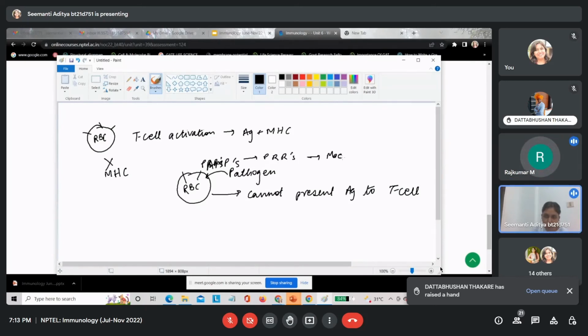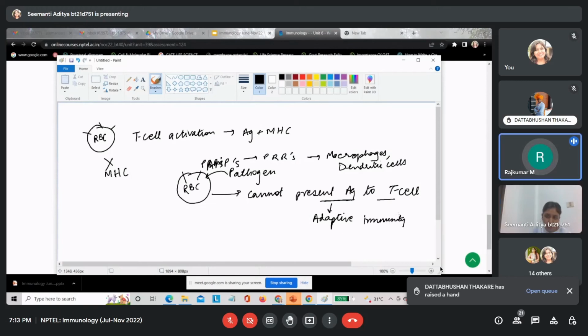So if the dendritic cell is not able to present its antigen to the T cell, then your adaptive immunity is not going to work in its specific manner. It's not going to work.